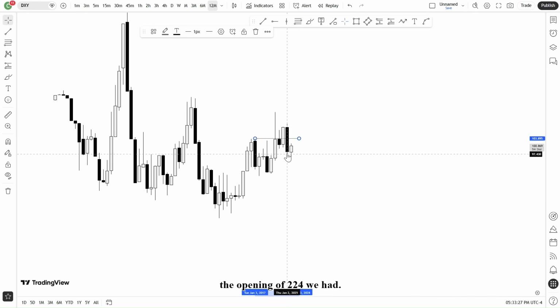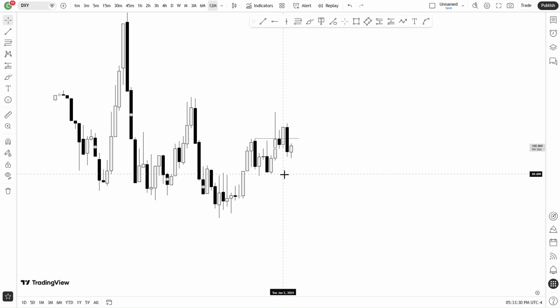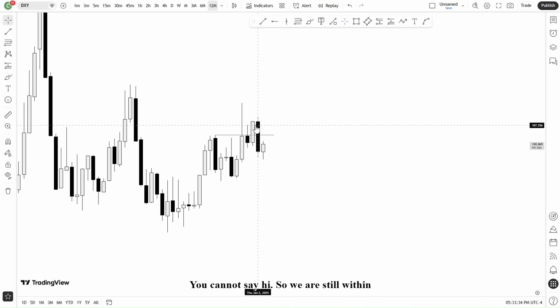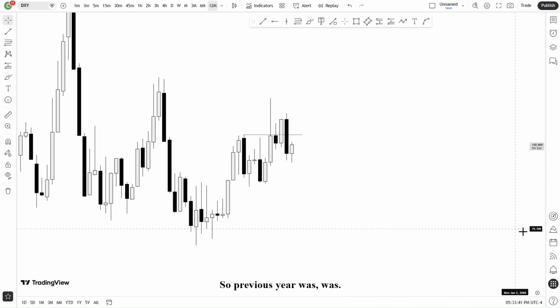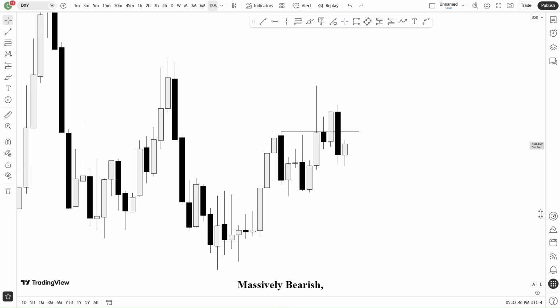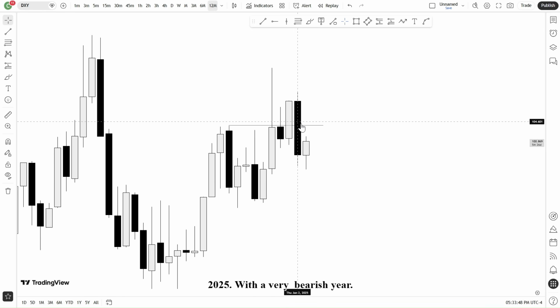The open of 2024 gave us a high. So we are still within the expansion phase of the current leap year, right? The previous year was massively bearish. 2025 was a bearish year on dollar. And we are supposed to be seeking lower prices within this candle.